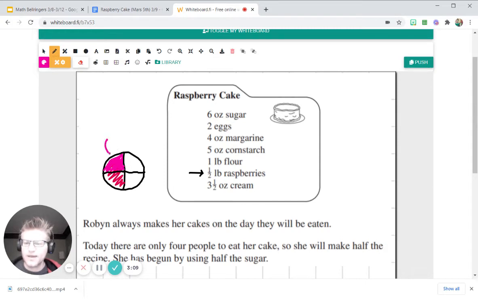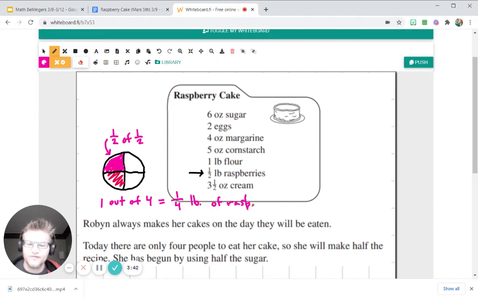So what we would say is this is 1/2 of half of a pound, right? And that would be how much is colored in? Well, it's 1/4, right? 1/4, which equals 1/4 lb. And LB means pound, by the way. 1/4 pound of raspberries, right? So that's the way that part of the problem works.